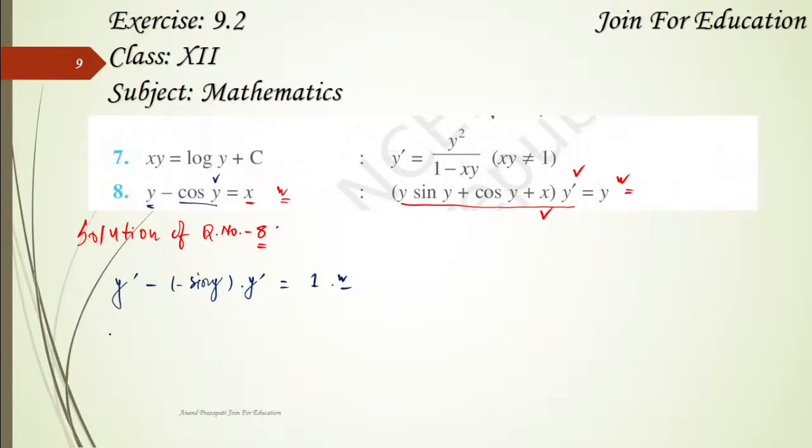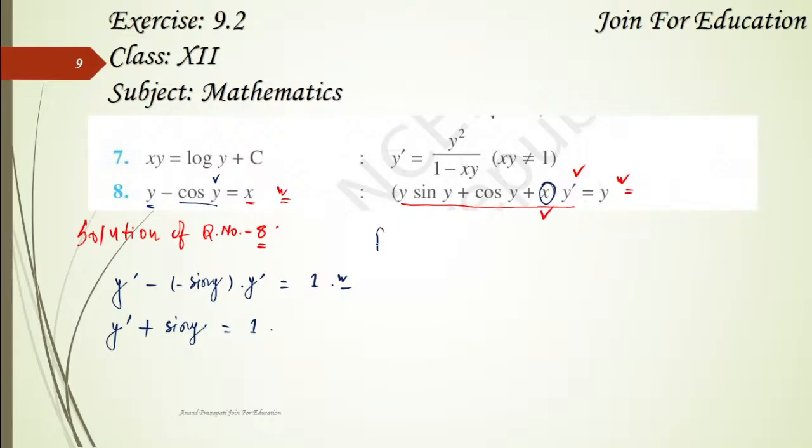So let's see here, minus minus here will be plus derivative of y plus sin y equal to 1. So we put the value of x here.